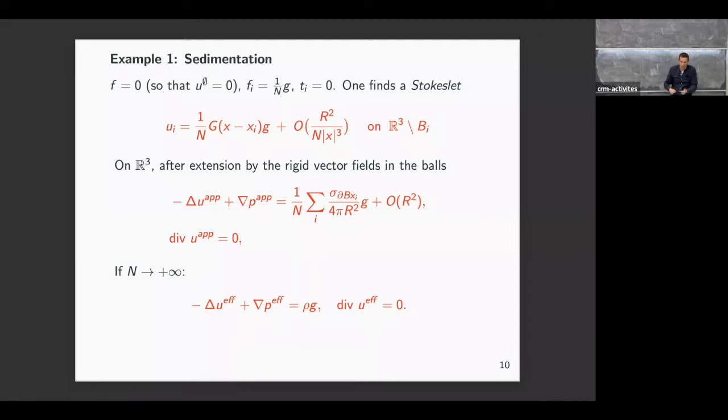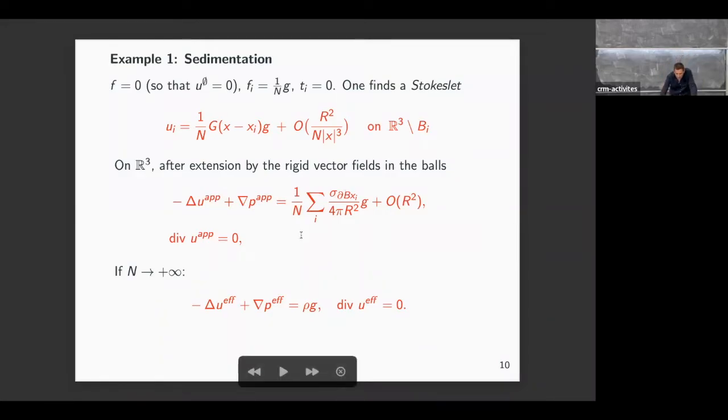Okay, so when you apply the Stokes operator to this guy, but seen as a vector field on R3, where you have the constant inside the ball and this expression outside, what you find is a combination. So it's almost like the empirical measure of the particles, but of course you cut at the surface of the ball, so you replace the Dirac masses by the Dirac at the surface of the sphere. Okay, but it's the same.